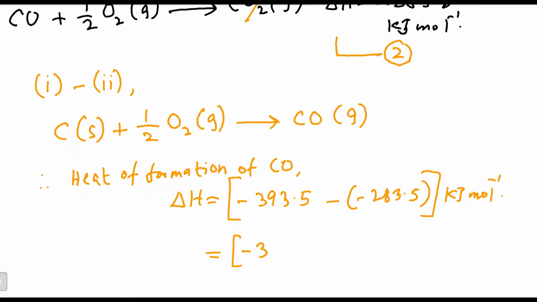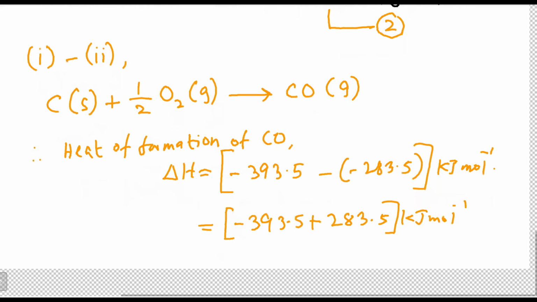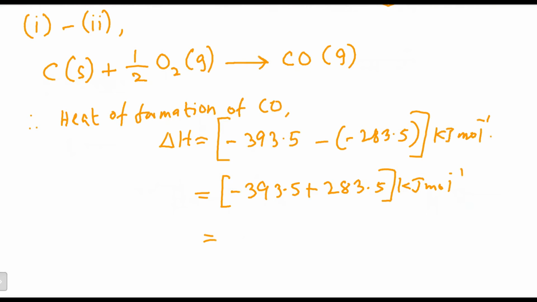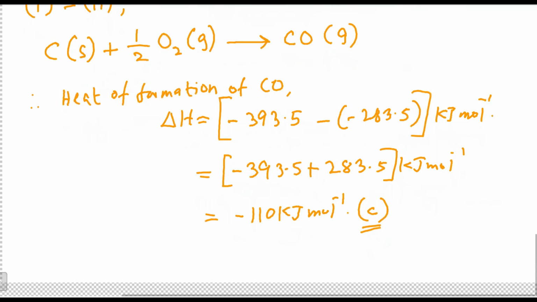So this gives minus 393.5 plus 283.5 kilojoule per mole. If you solve this, you will get minus 110.5 kilojoule per mole. Option C is the correct option. In this way, you have to arrange the equations to find your desired result. So this was our third question.